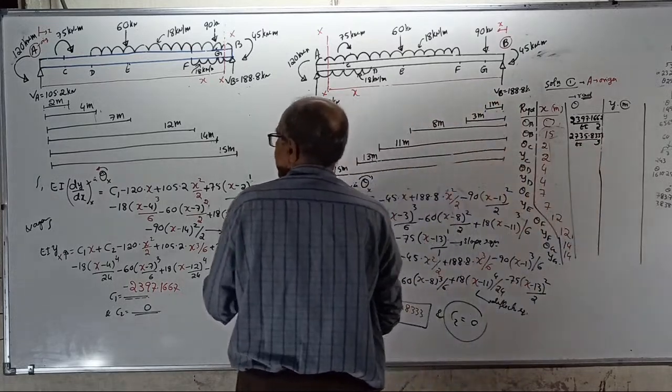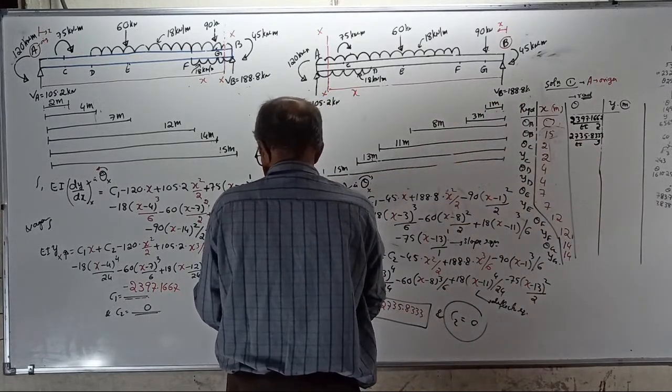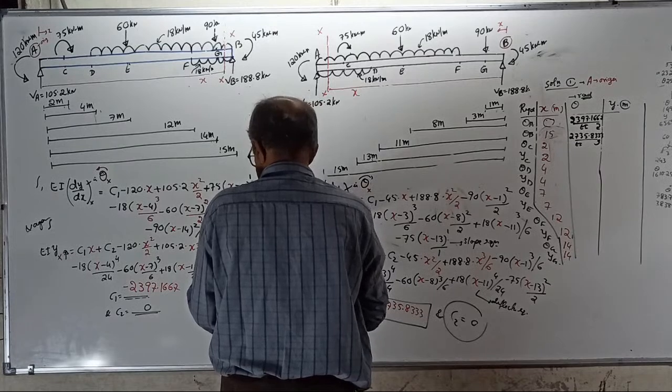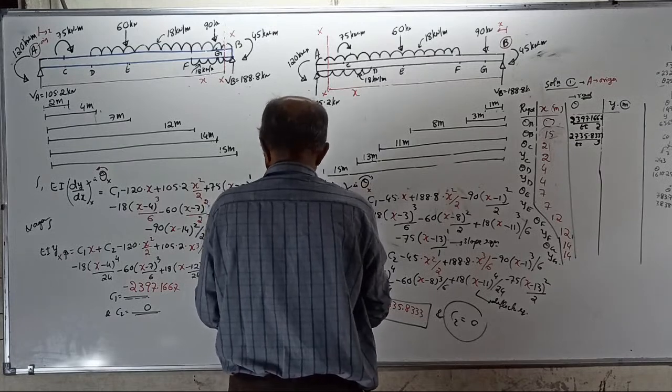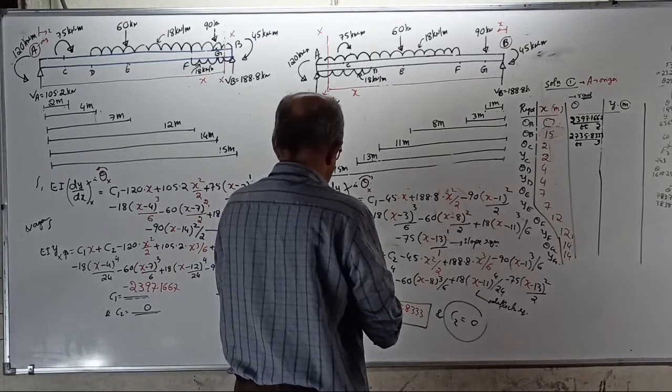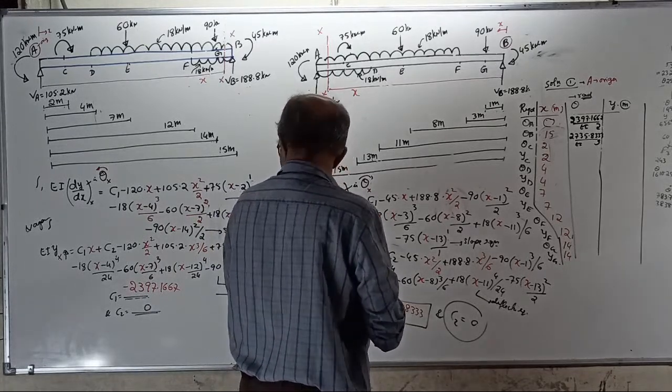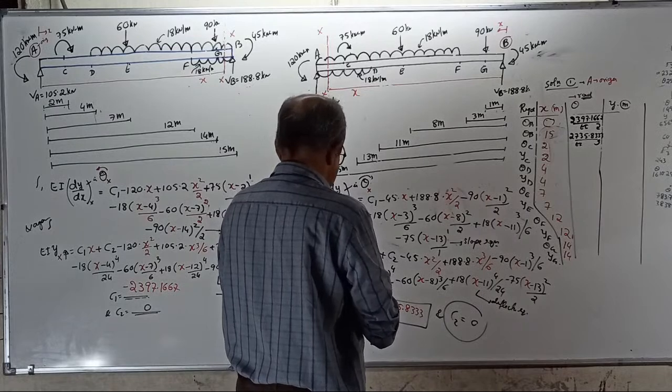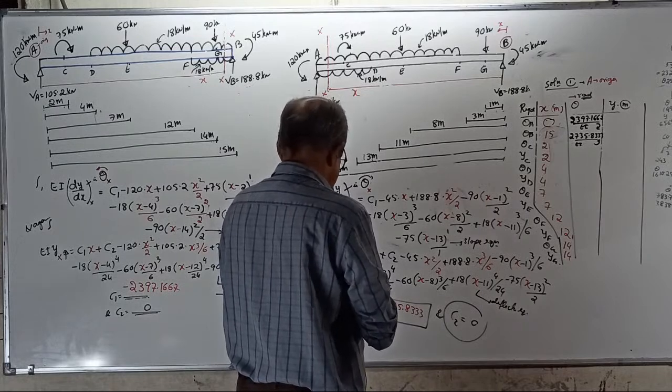Slope at C will come, where is C1? Minus 2397.1667. I will store in memory, store A. Then the other one is minus 2735.8333.